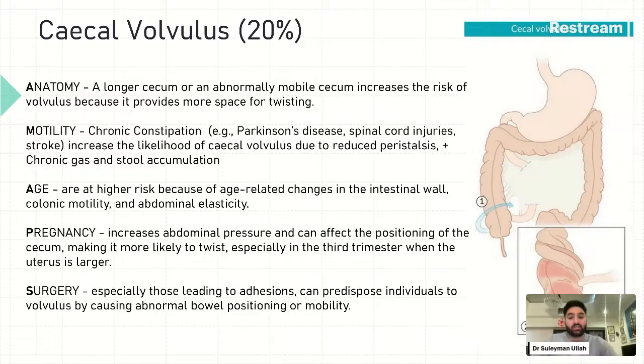Another key one here is actually pregnancy as well, which is important to mention. You can see this in pregnancy due to the increased abdominal pressure, which you'll tend to see later on in the pregnancy.